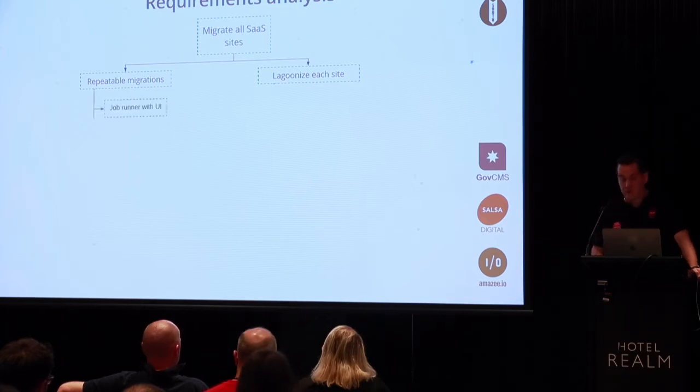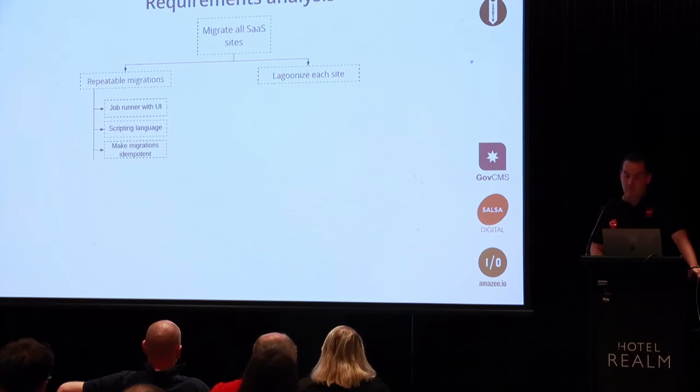Let's drill down a little bit on these requirements. For repeatable migrations, we needed a job runner with a UI. We needed some kind of scripting language to allow custom and repeatable steps. We also needed to make sure the migrations are idempotent, so we can rerun them as many times as we want.